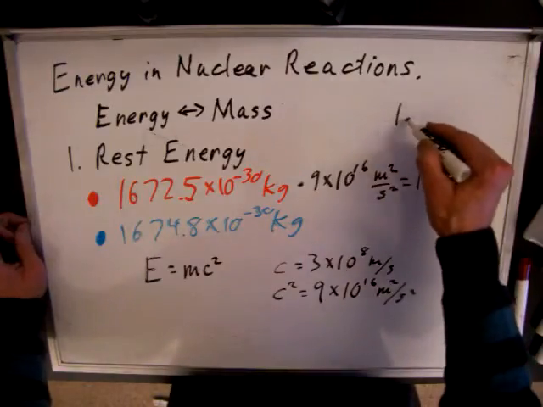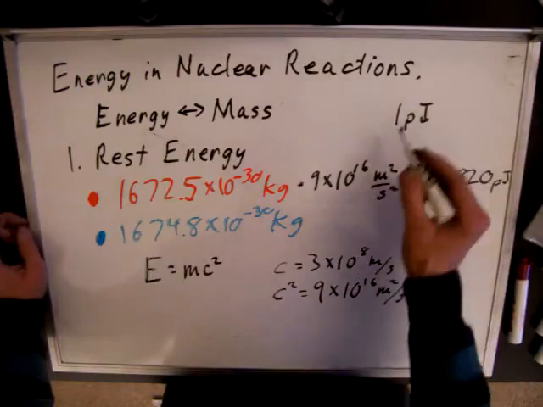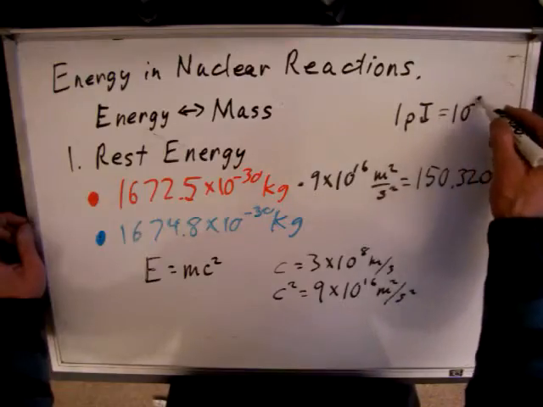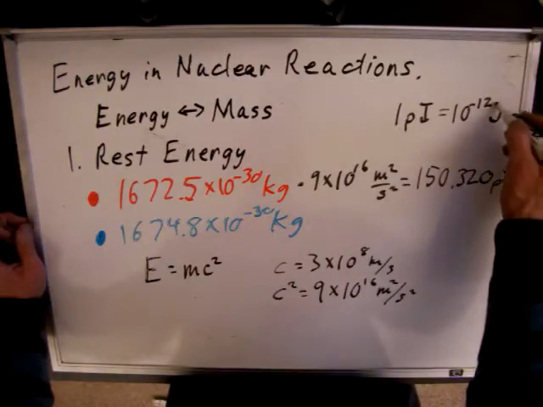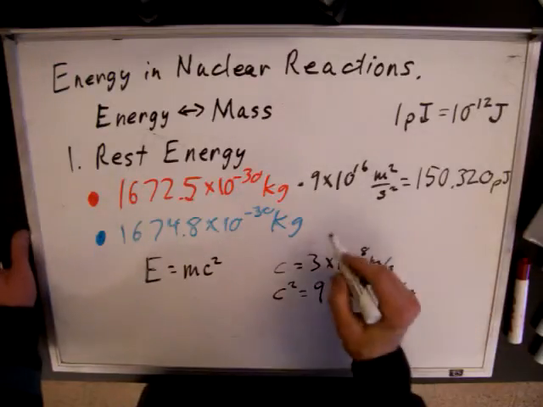Remember that pico is a word which means 10 to the minus 12. So 1 picojoule is 10 to the minus 12 joules. Okay, so that's 150 picojoules.